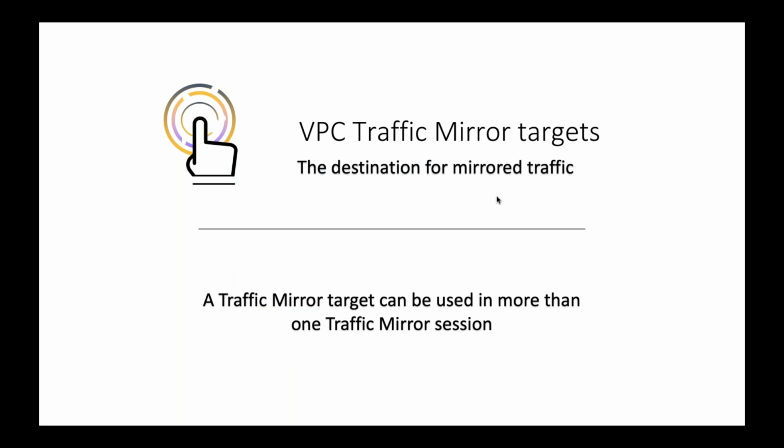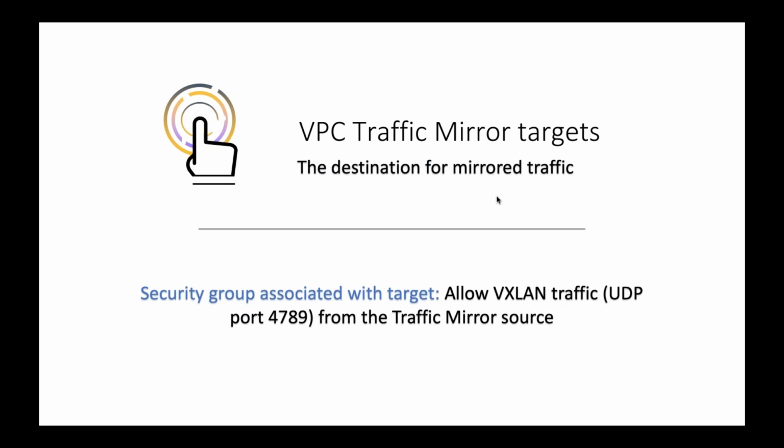A few things: you can have multiple sources sending traffic to a mirror target. Again, if you have an elastic network interface as a target, it's very important that you do not send more traffic than what your EC2 instance target is capable of. Again, you should be using network load balancers so that you don't have to worry about scalability and high availability.